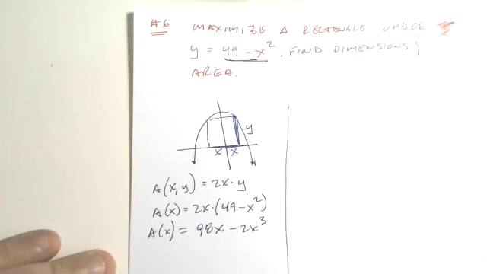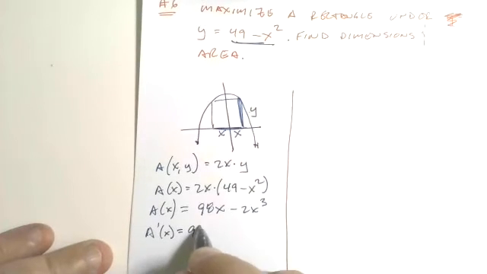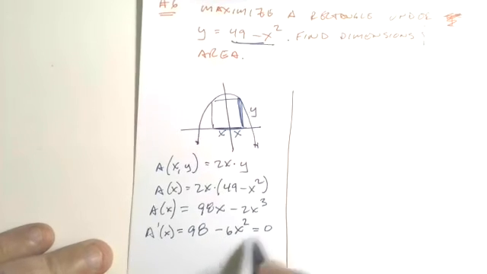How do I find a max or a min? We take the derivative and set it equal to 0. So A prime of x equals 98 minus 6x squared equals 0. Move that over, we get x equals the square root of 98 over 6.